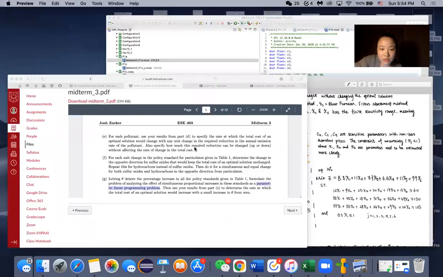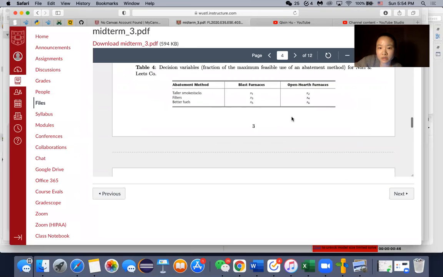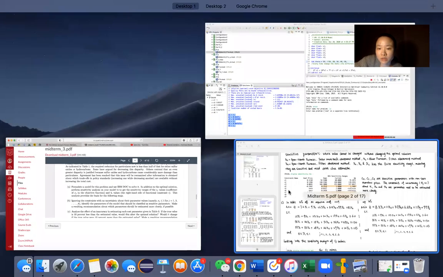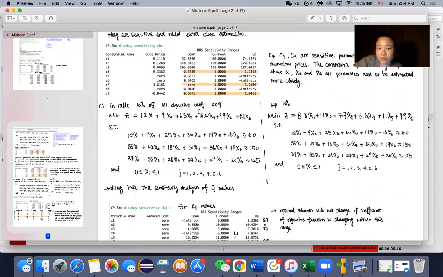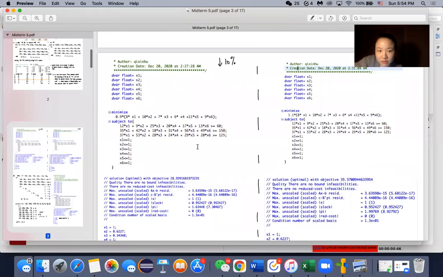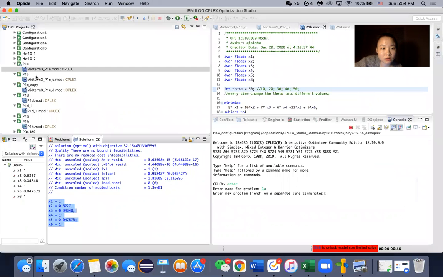For part C, there's the inaccuracy of the cost coefficient listed in table 3. So it's separated into two questions: this is the 10% off and this is 10% up. I run the process here.